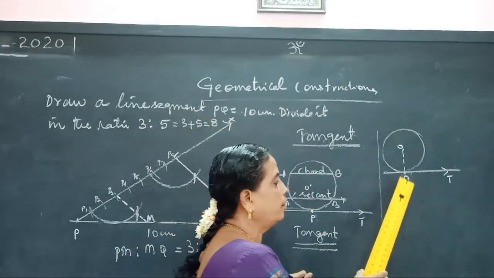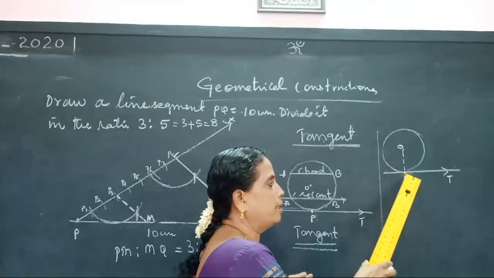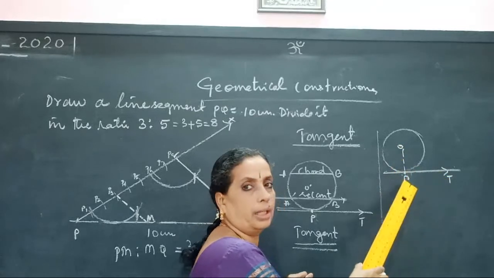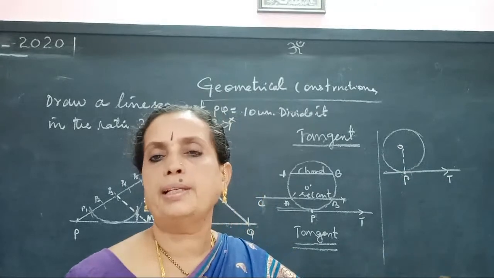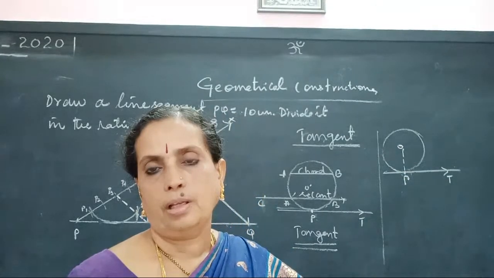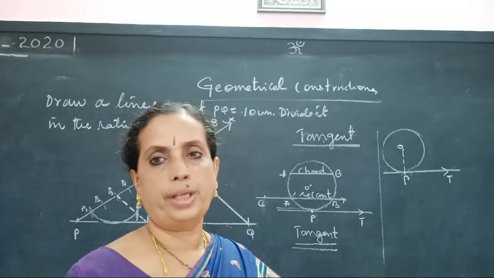So using this property, we construct a tangent to a circle. Okay, so let us do this.